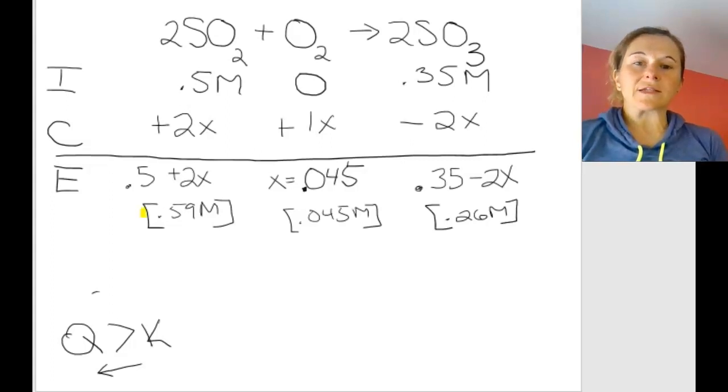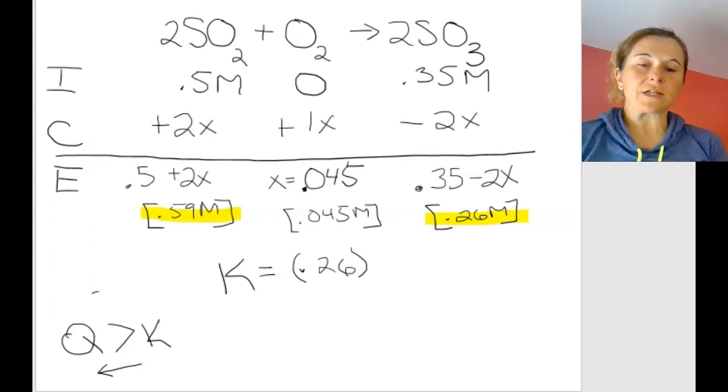So it was asking for us to figure out a concentration here and a concentration here. We also need to calculate K. So we have K. We're going to put 0.26, and we have to have that coefficient become our exponent.